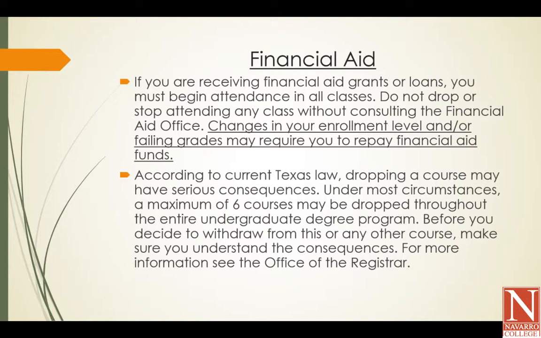I think it says a maximum of 6 courses can be dropped throughout your entire graduate degree program. So you don't want to be dropping classes. That's not good. So if you drop classes, you need to let somebody know. I think you can only drop so many, and then they'll start making you pay for the classes yourself.